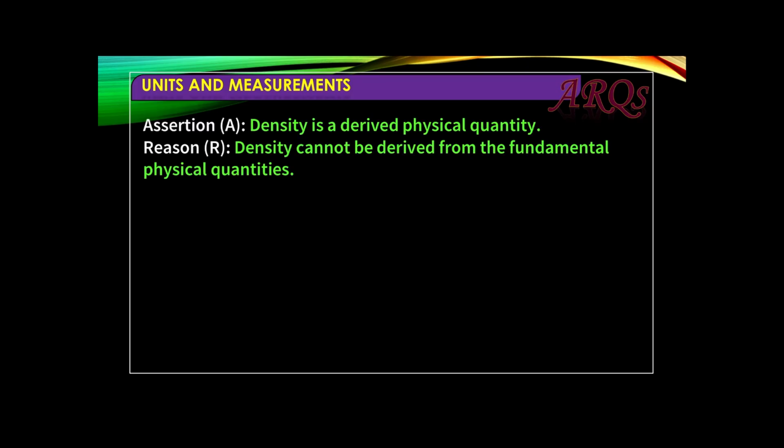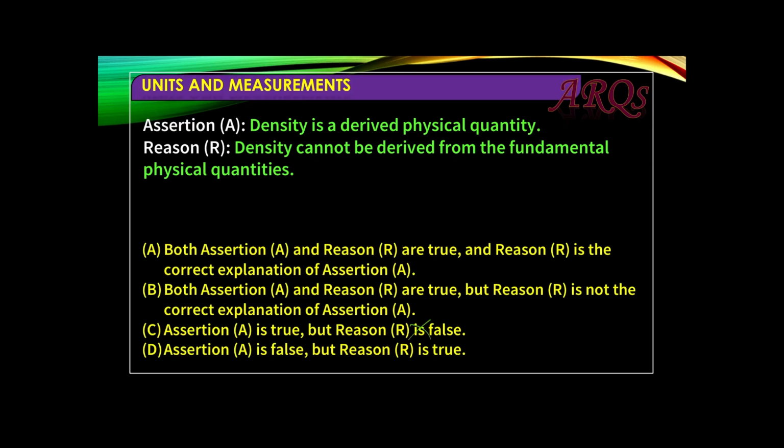We move on to another one. Density is a derived physical quantity. You remember, it doesn't belong to the 7 fundamental quantities. It doesn't belong to the 2 supplementary quantities. So it is a derived quantity. Assertion is true. Reason: density cannot be derived from the fundamental physical quantities. No, density can be derived.